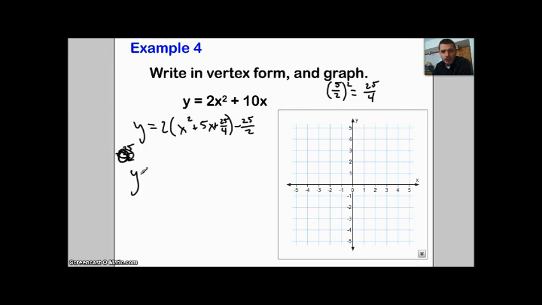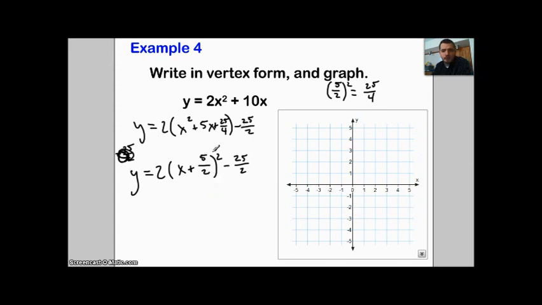So now it'll be y equals 2 parentheses x plus 5 over 2 squared, minus 25 over 2. Not squared yet, sorry. And that's it.